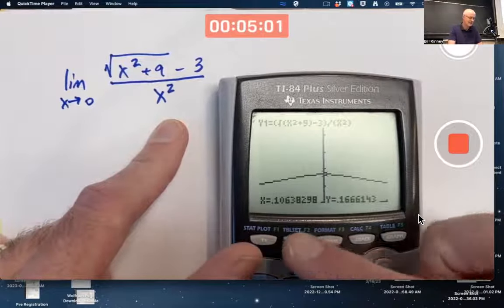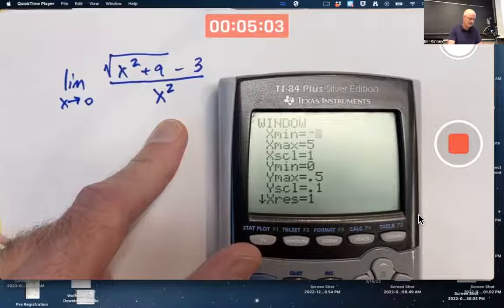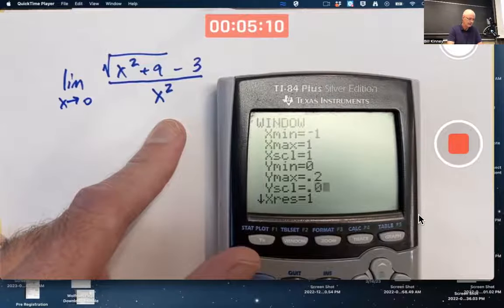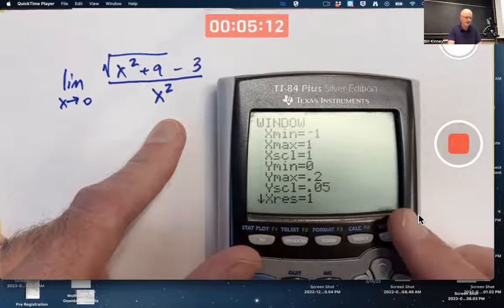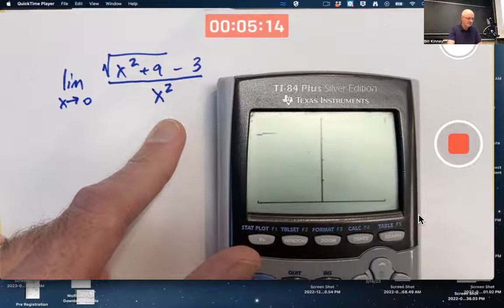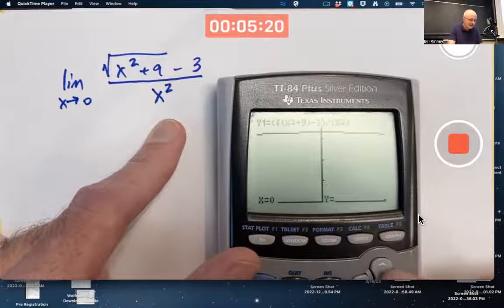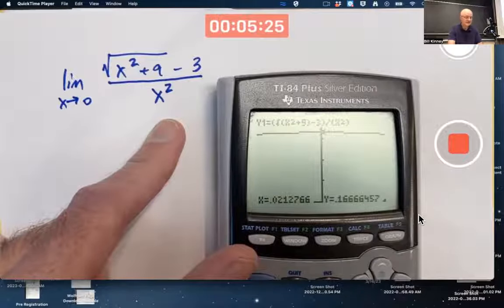All right, let's see what happens if we zoom in even closer, like -1 to 1. And maybe I'll make this 0.2 and make these tick marks 0.05 apart in the y direction. There it is. Try to trace again. Yeah, it looks like it's getting close to 0.16, perhaps with the sixes repeating.